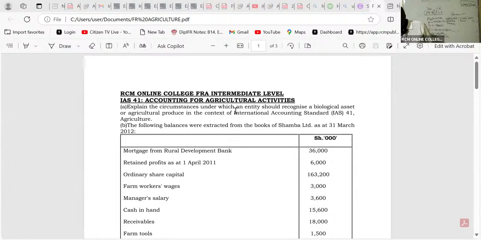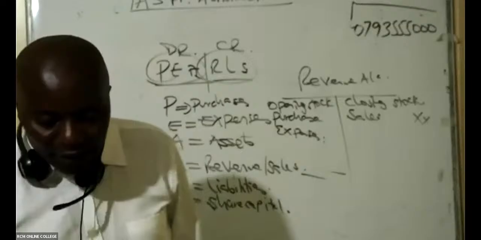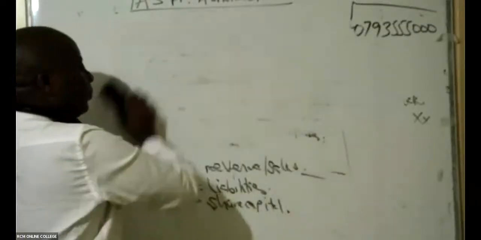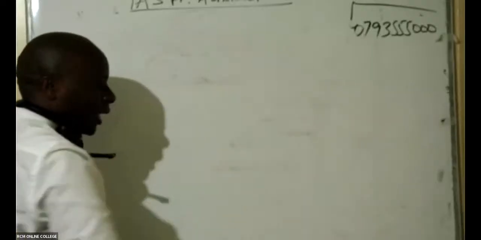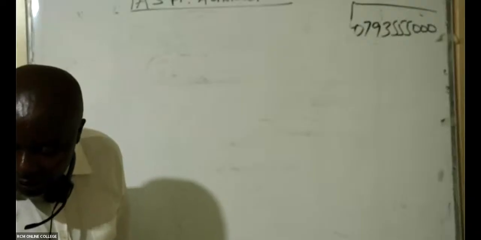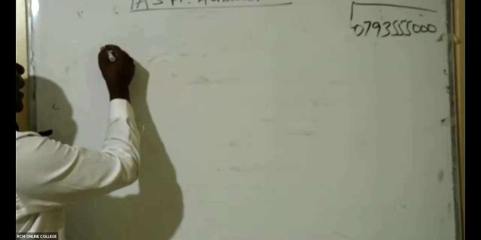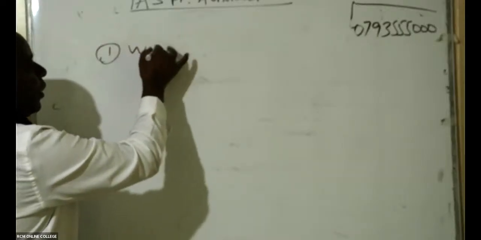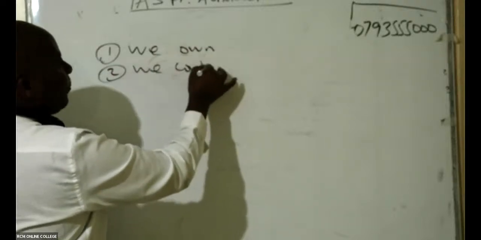Number one, for you to account for this biological asset, the company must be owning it. I can only account for a biological asset if I own it. Number two, we control it.